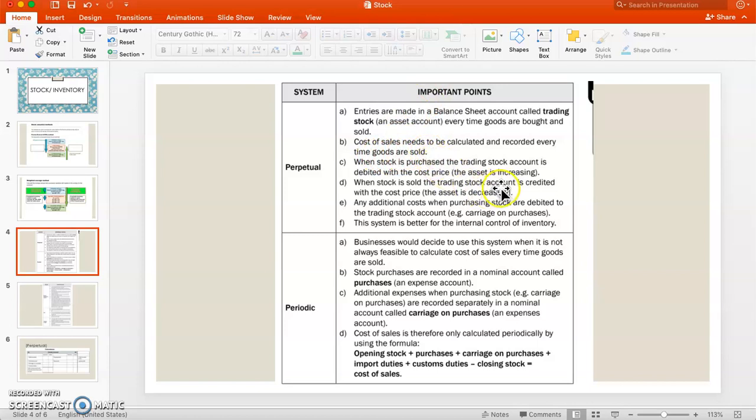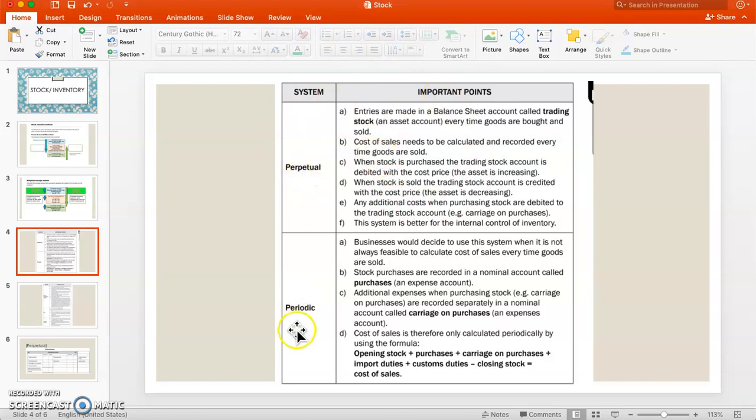What's very important for you is that when you use the perpetual system, you need to know the format of the trading stock account. If you learn the trading stock account, this will make all your calculations for the perpetual system very easy.